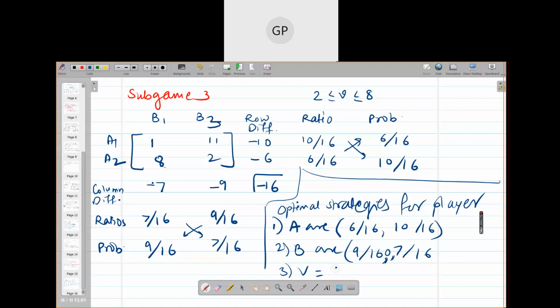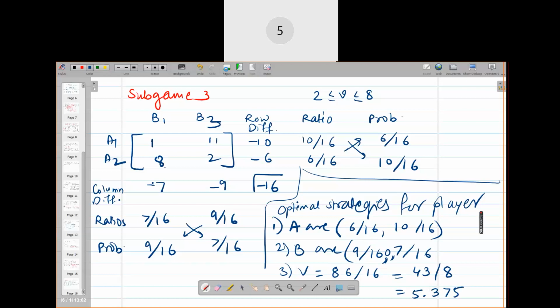So the value of the game. In the final answer you have to write that, 86 by 16, which is 43 by 8. That is how much? 5.375.